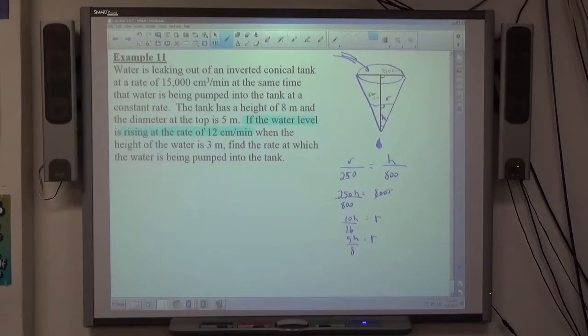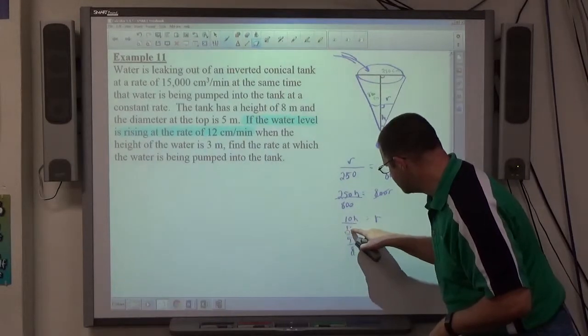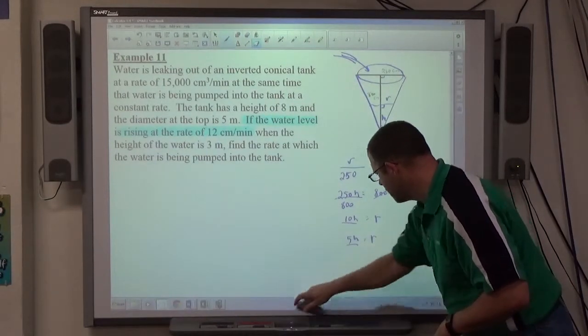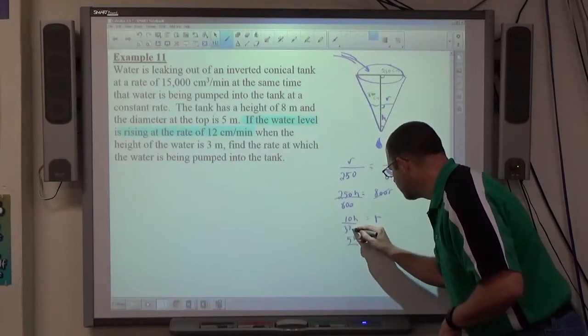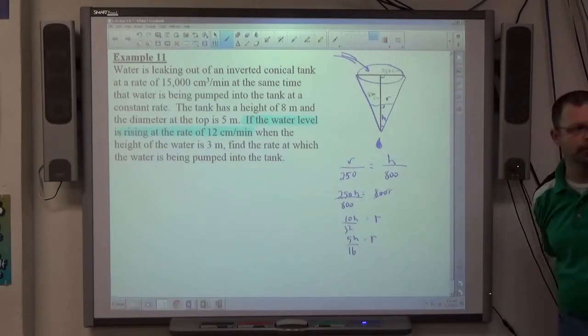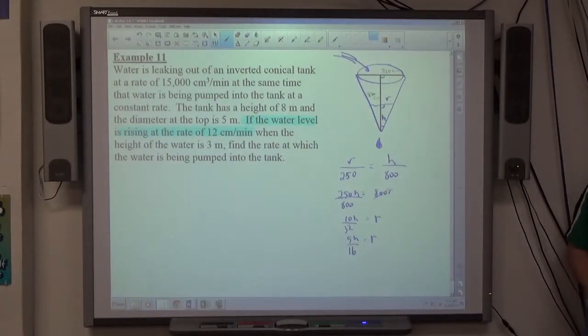That seems wrong. Sorry. This is 32. My division's bad. 32, so this would be 16. There we go, 5h over 16. Alright, so that type of stuff is important sometimes.